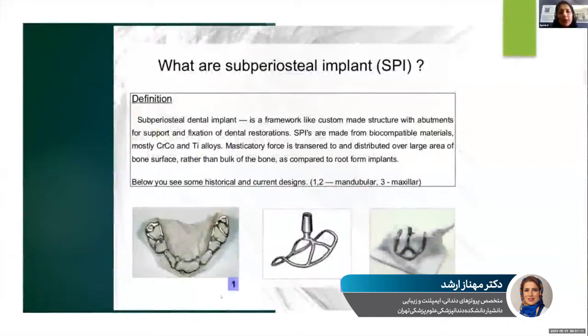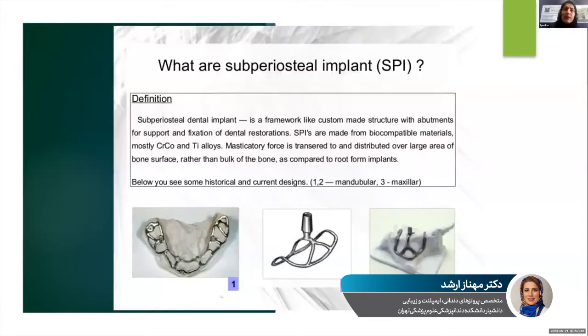To introduce the subperiosteal implant, we must say that a subperiosteal dental implant is a framework that uses retention from around the bone, not in the bone.